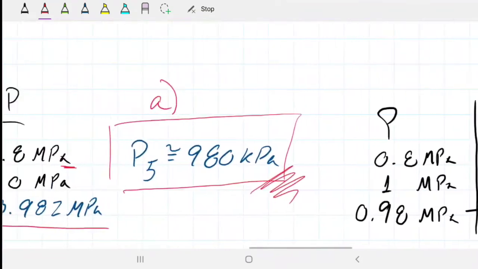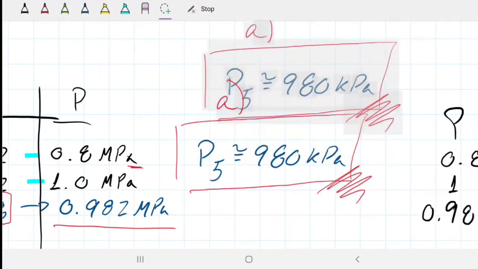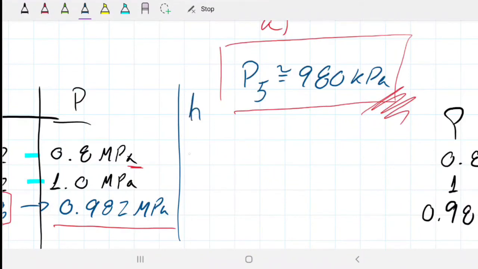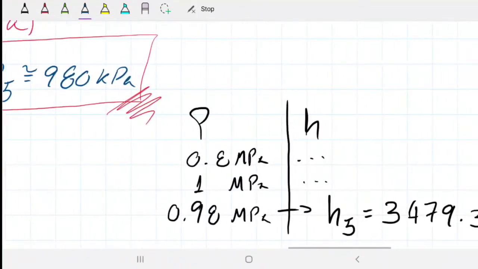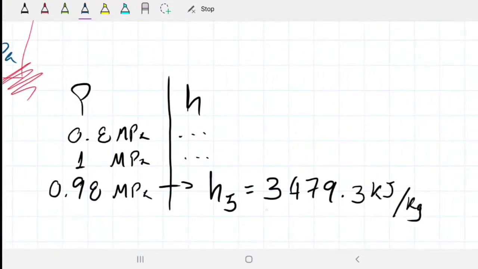If you want to save yourself some time, you can just put another column here for entropy, put the values for entropy for these two, and just interpolate once more. I did the same thing, interpolation, for the 0.98, and I got the entropy for this state. It's superheated, so there's only one value for entropy. You just need to interpolate between the two states.